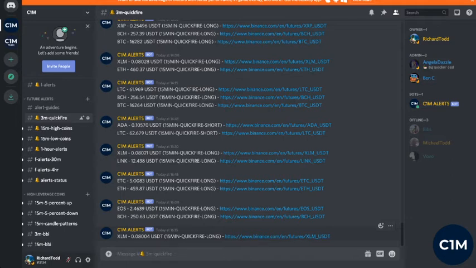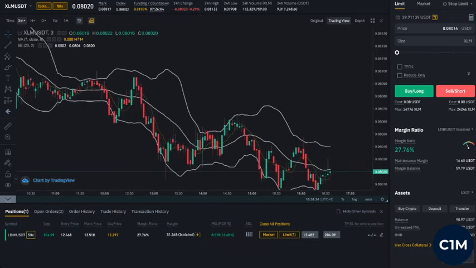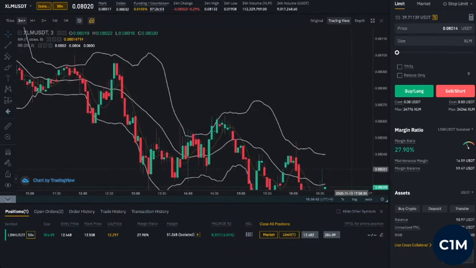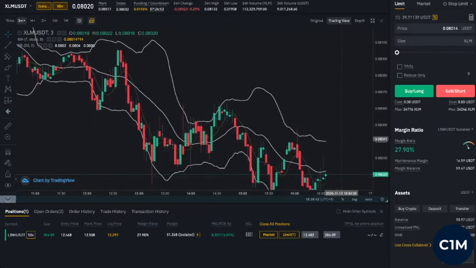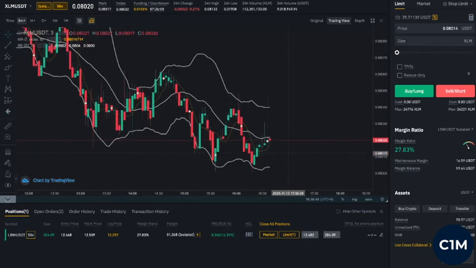So let's go Lumens at 4:15 on the 3-minute candles. Okay, so you can see here, I'm at UTC plus 8, 4:15.